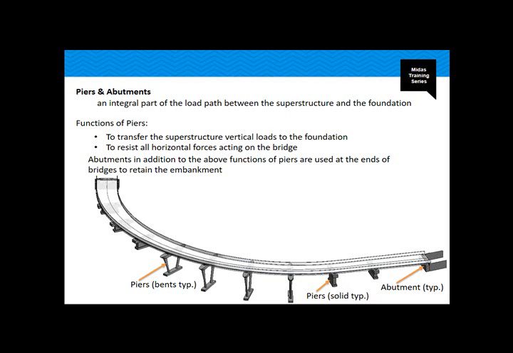Their main functions are to transfer the vertical loads from the superstructure and also receive the horizontal forces on the bridge. In addition, the abutments are used at the ends of the bridge to retain the embankment. Here we have an image of a cool bridge, which has different types of piers and abutments, just to give you an overall intro on the parts of the substructure.